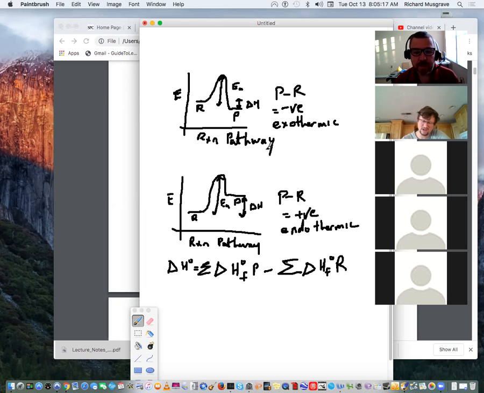Now it turns out, because in the exothermic case the products are less than the reactants, that means that they're more stable. So if we're purely looking at enthalpy, generally speaking, exothermic reactions are more favorable than endothermic ones. Only for one reason, and that is that the products are more stable than the reactants. That's all.